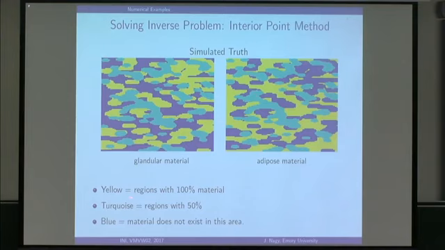But there is material in the yellow, so that's all glandular in there. And the turquoise region is sort of 50% of each material. And of course this one will be the complete opposite, since I'm assuming there are only two materials in my object. So they should look like a flip of each other, and the turquoise should be in the same region. All right, so let me solve this thing.